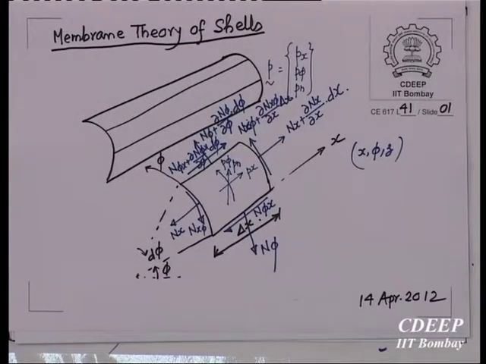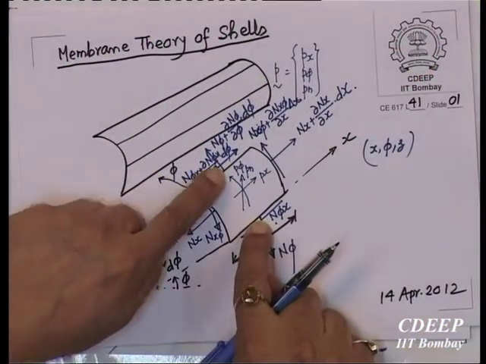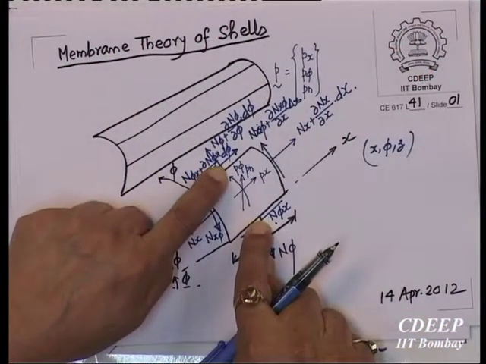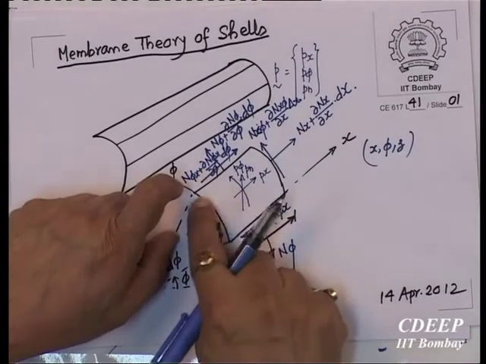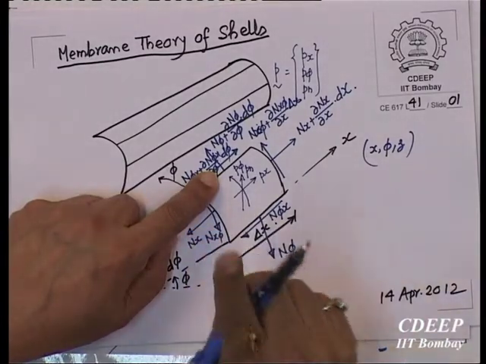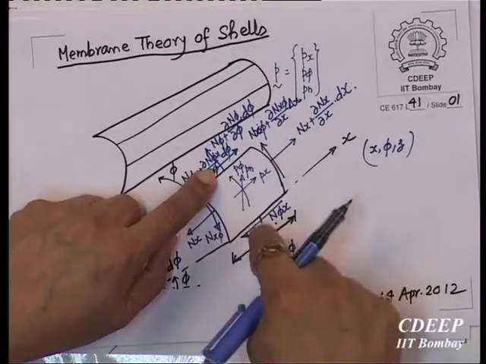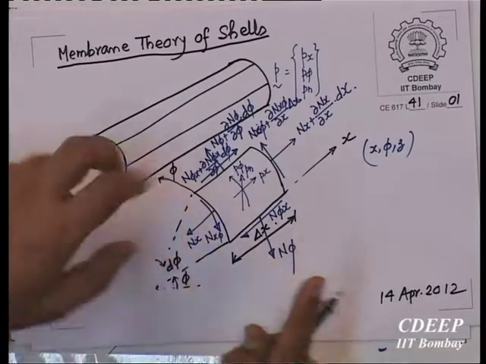So, we can derive from first principles. We need not go to curvilinear coordinates. Of course, from there also you can derive and you will get the same thing. The normal load P n will act radially downwards.